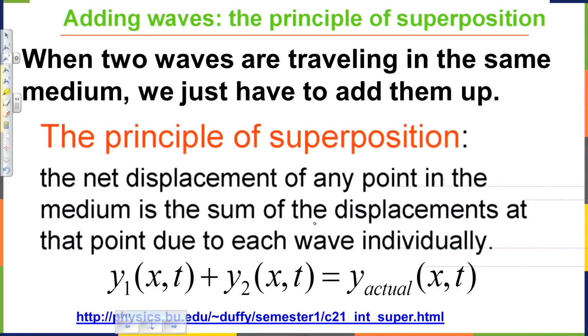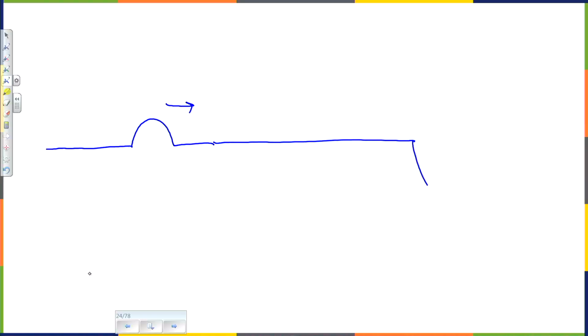So this is what we're going to talk about, and mathematically it's about vectors and vector addition. So what happens if we have one pulse traveling, let's say, to the left, and on the same rope, or in the same medium, another traveling to the right. This is what we call displacement number 1.